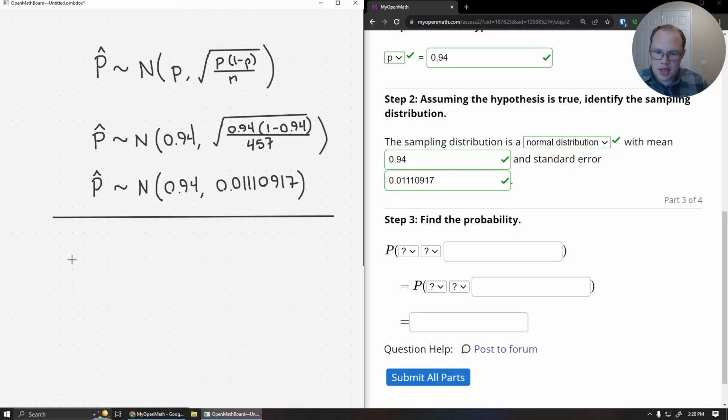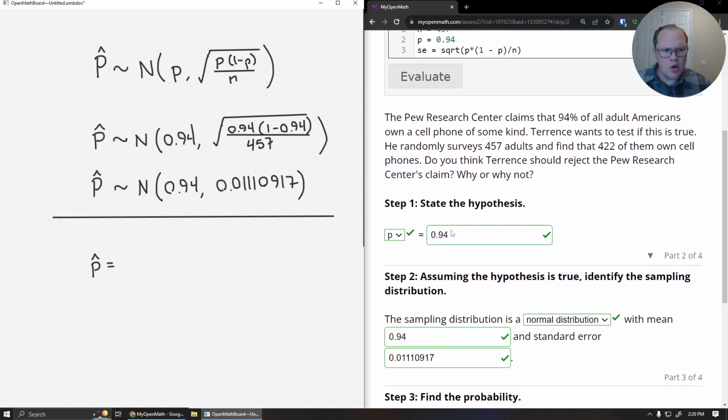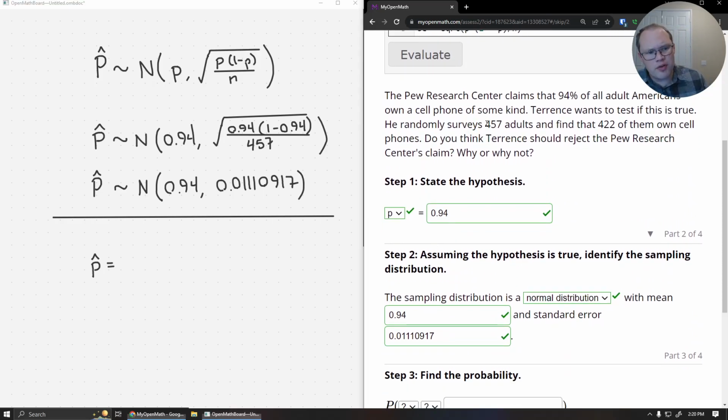In this case, we first need to calculate our sample proportion. We want to know how likely it is that we get our sample proportion or something even worse. So how do we calculate our sample proportion? Well, we know there are 457 adults that were surveyed, and 422 of them own cell phones.